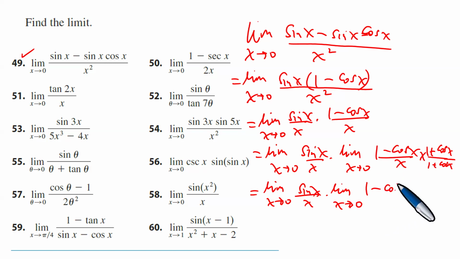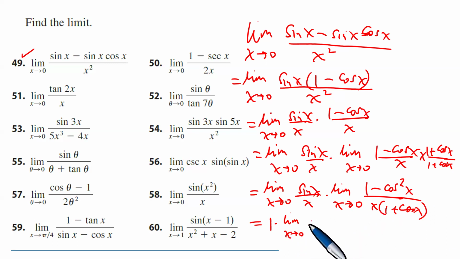The top becomes 1 minus cosine squared, divided by x times (1 plus cosine x). The limit of sine x over x is 1, and then 1 minus cosine squared is sine squared x, divided by x times (1 plus cosine x).